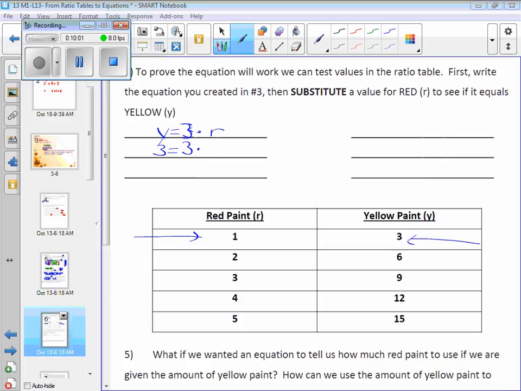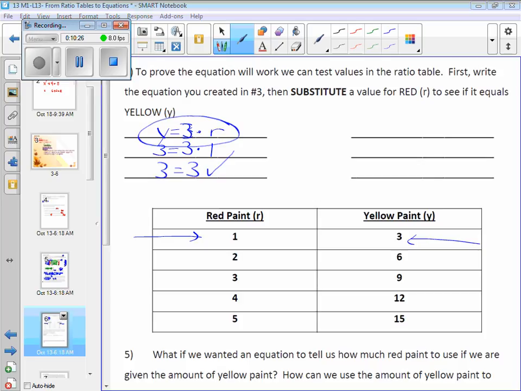I don't want to say constant because it's going to confuse you, but it's the multiplication number. And then what was the value in that first ratio for R? 1. I'm going to substitute 1 in. Is 3 equal to 3? That way, we now know that this equation works and the equation is correct.